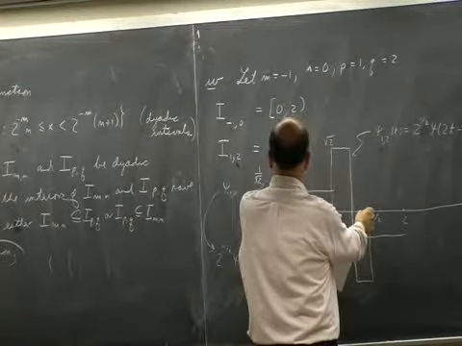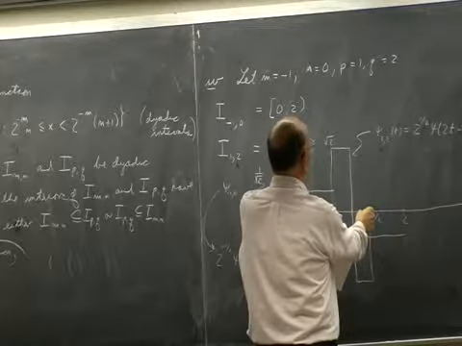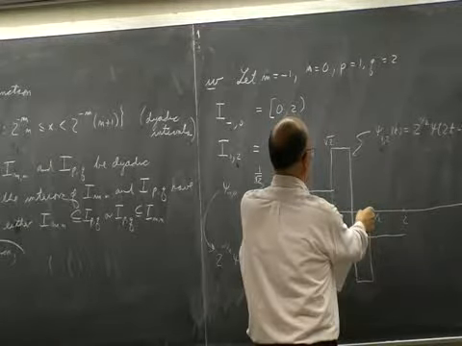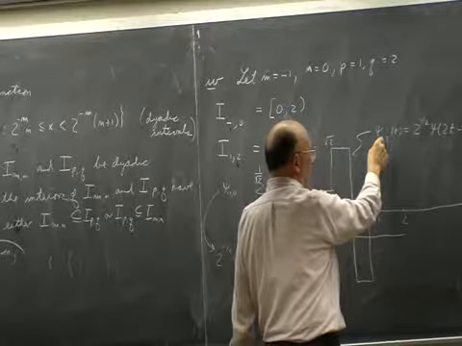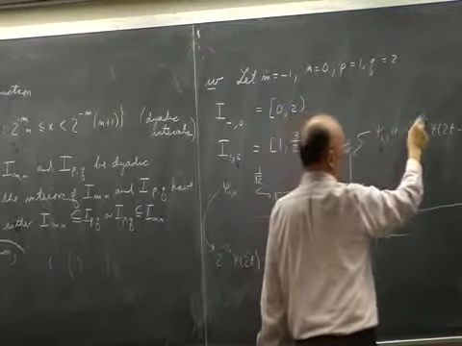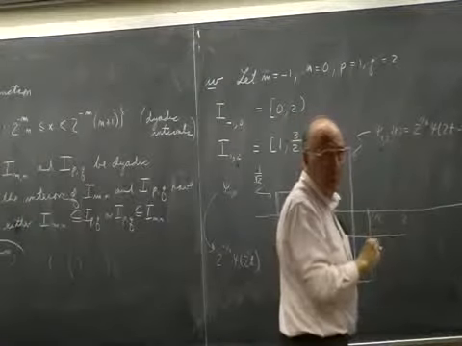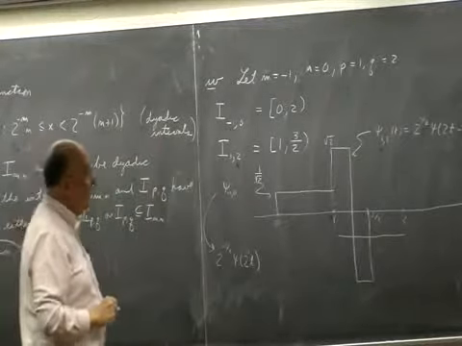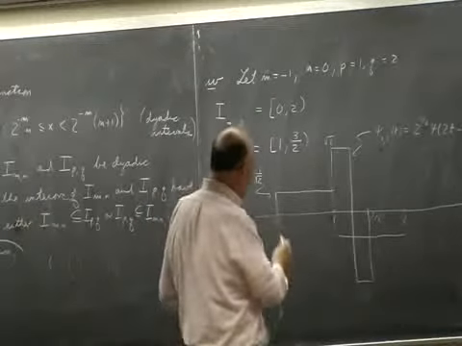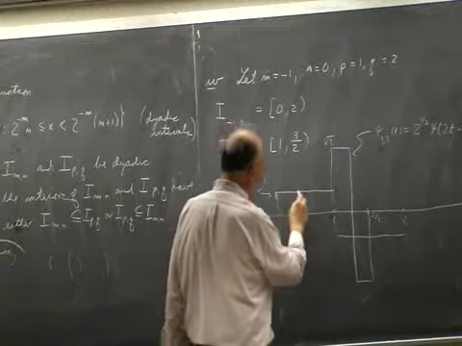Our m is 0, right? What's the coefficient in front, to the minus m over 2? So that would be to the 0. Maybe m here is 1. Oh, m is 1, sorry, that's right. So it's 2 to the 1 over 2. So I've got two functions here. One looks like this.